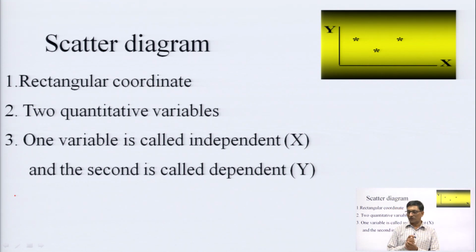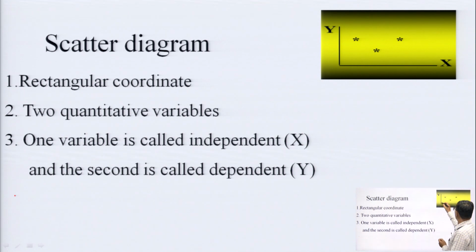For example, we take the x axis on this side and the y axis on this side, and if this is the value x 1 and this is y 1, this is y 2, then y 3.